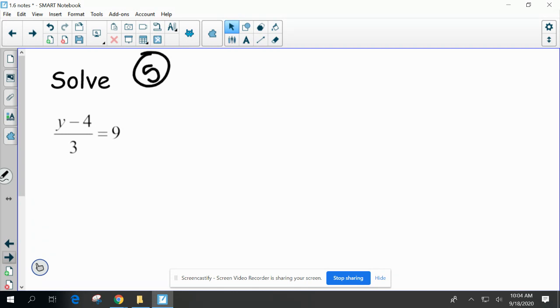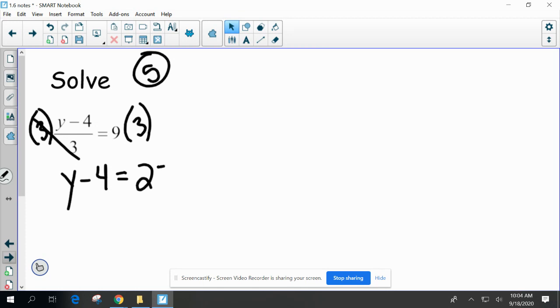So what would I start by doing? Grant? Yep, get rid of the fraction. So multiply both sides by the denominator. So then I would have y minus 4 equals 27. And then now I have a 1 step. Add 4. So y equals 31.